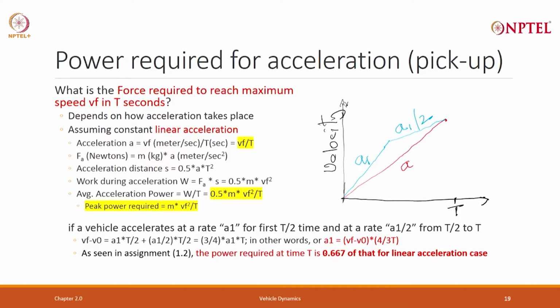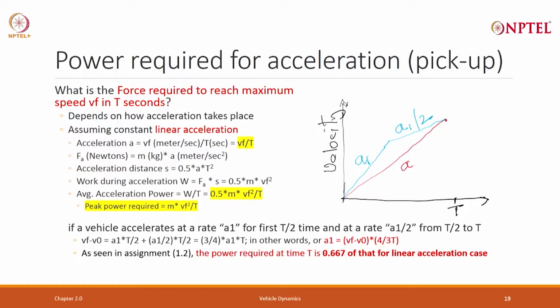In the beginning, you are going at a slightly higher acceleration, so at that time the power requirement is larger, and later on you are going at lower acceleration. The average power requirement will depend on the total energy, and total energy will be given by these expressions.